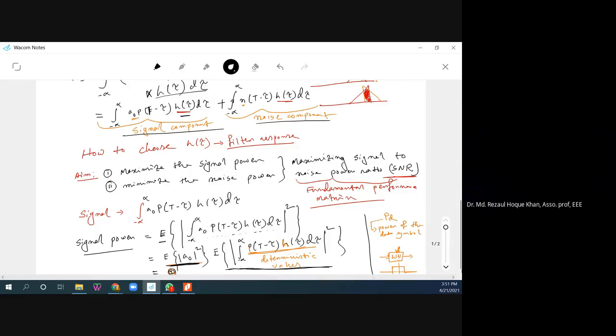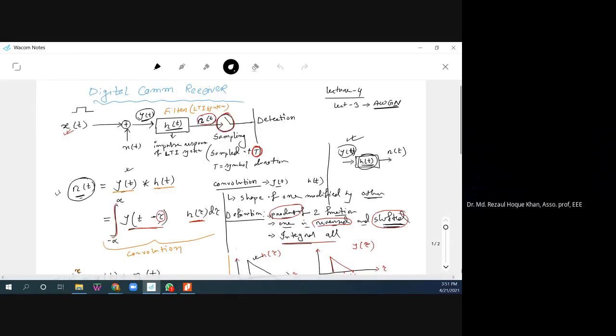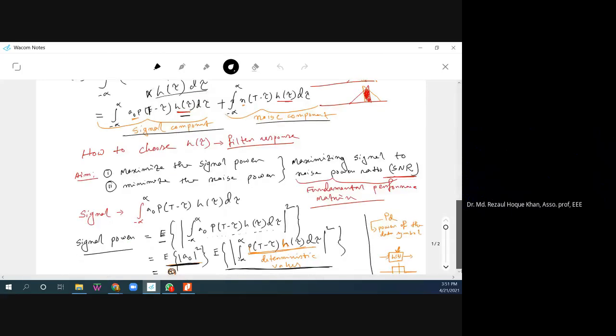The expected value, the average value of a constant, is actually the constant. So the signal power is PD times the square of the integral from minus infinity to plus infinity of p(t minus tau) h(tau) d tau, because this square is there.